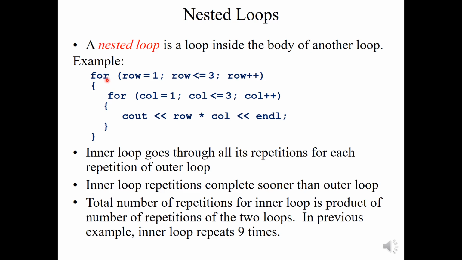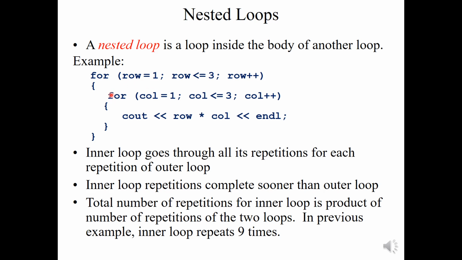What is an example? Let's say I'm dealing with matrices, and I have a 3 by 3 matrix. There are three rows and three columns. So I'll say, for row equals 1, until row is less than or equal to 3, and each time I increase the counter row by 1. So 1, 2, 3, it will take three values.